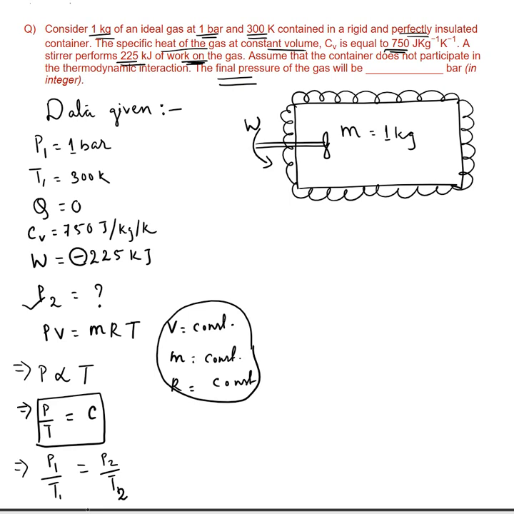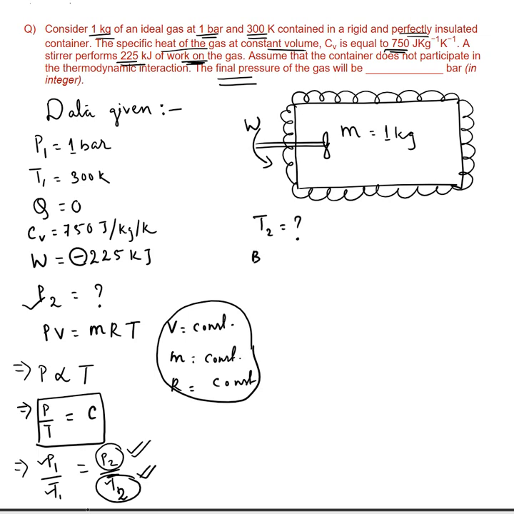If we substitute the value of P1 and T1 and T2 here, we get the magnitude of P2. But this T2 is unknown to us. If we get the magnitude of T2, we can calculate P2. So first let us find out the magnitude of T2, which is unknown. For this we use the first law of thermodynamics.